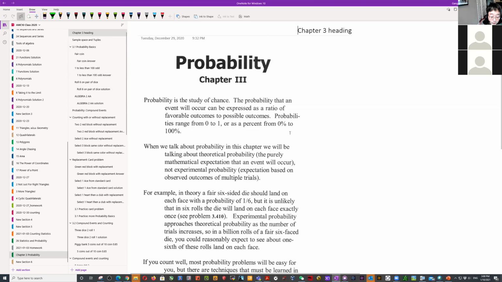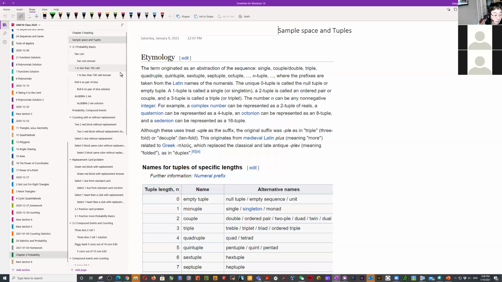Probability is more difficult in the sense that you have to understand what to count first, because a lot of probability problems are counting problems in disguise that don't tell you what to count. A counting problem at least tells you what to count. So first you have to understand the terminology of probability.